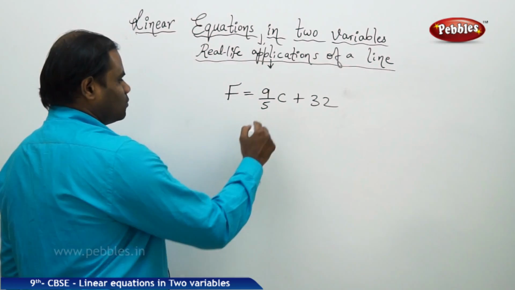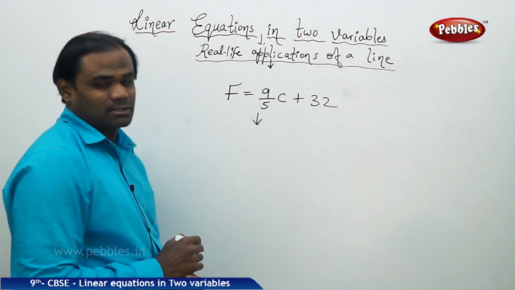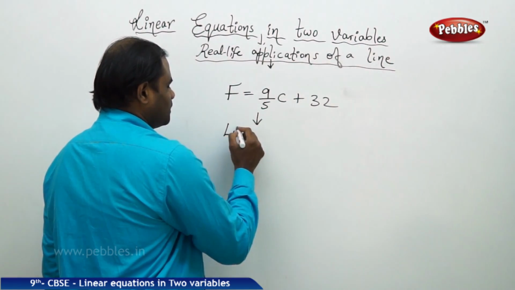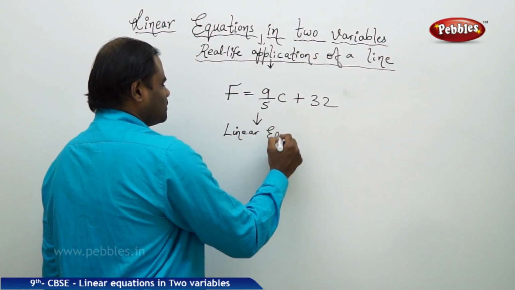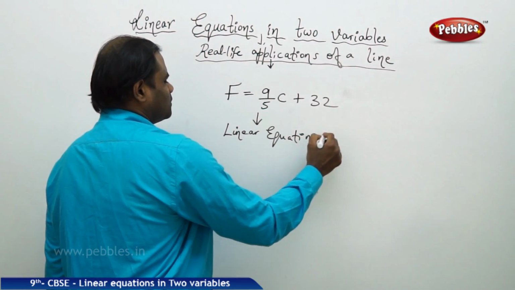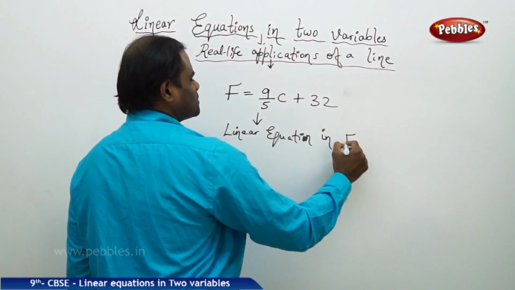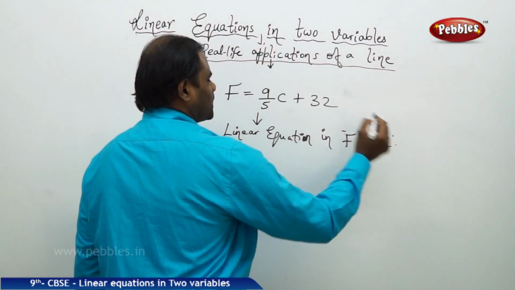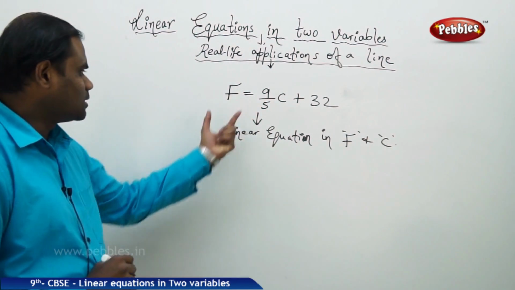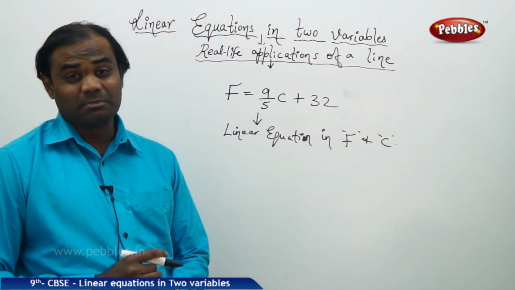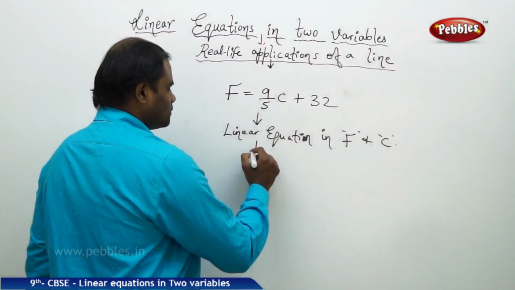If my question was to draw this, clearly this is a linear equation in two variables F and C. This is a linear equation in F and C. Therefore, this must be a straight line.